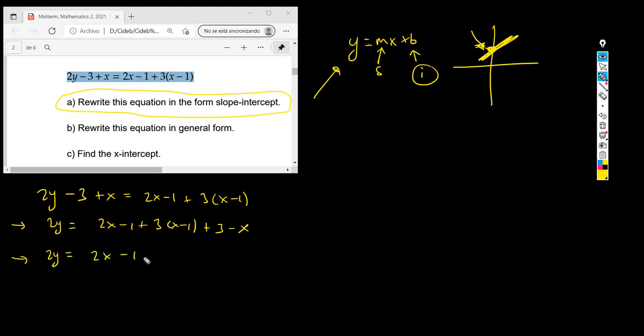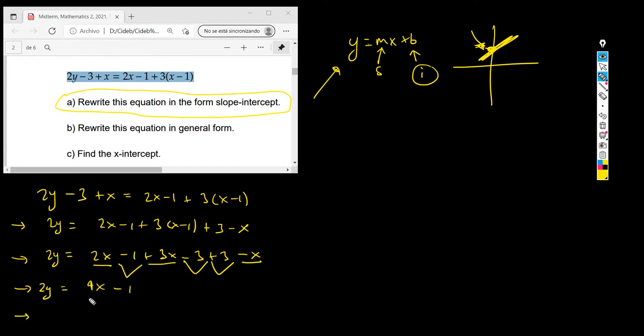We have 2x minus y plus 3x minus 3 plus 3 minus x. Then we have this, and this. These are like terms. We have for x, and we have this and this, like terms. This boils down to minus 1.